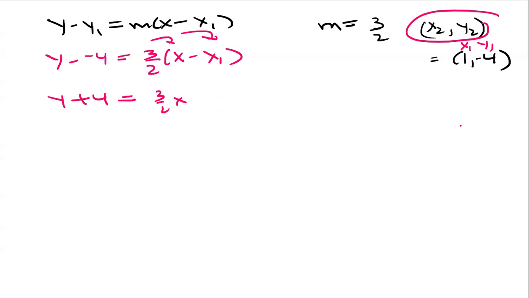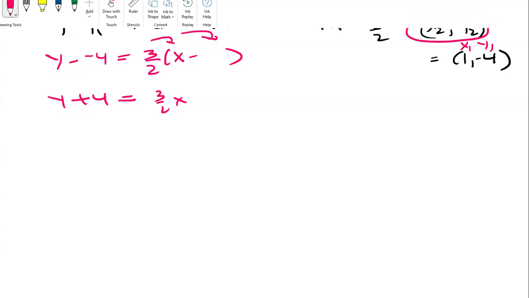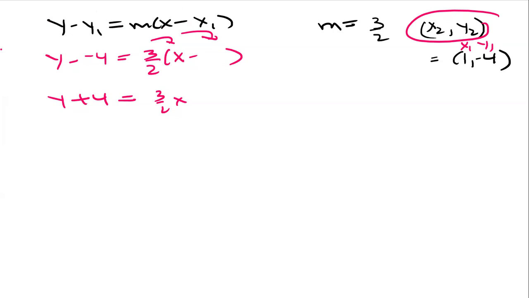Oh, I forgot to put the x1, which was 1. So we said y1 was -4. That's what we have here. And then x1, which was the x2 there, but anyway, is 1. So that's what we need to put there: x1 is 1 and y1 is -4.